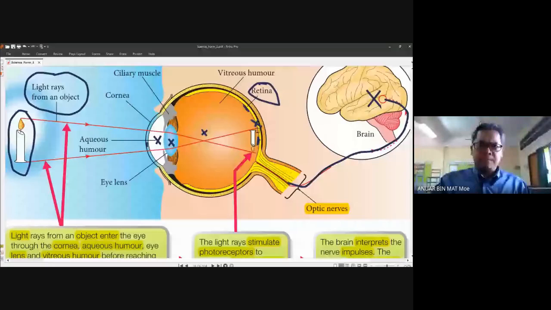Okay, mechanism of sight. So what is your response? For example, when you see the candle, oh, that is a candle. What your body responds is based on the interpretation of your brain. If your brain sees something that is dangerous, maybe your body will prepare for you to run away, for example, or to fight.